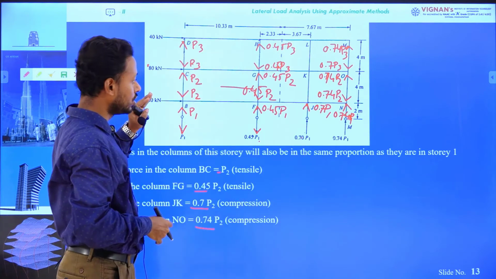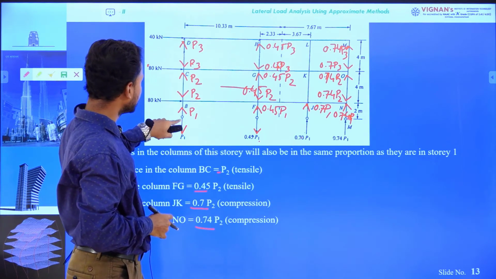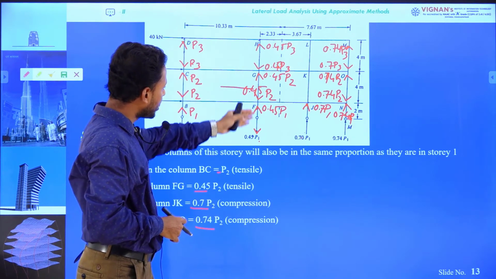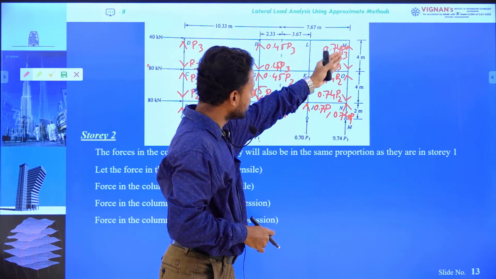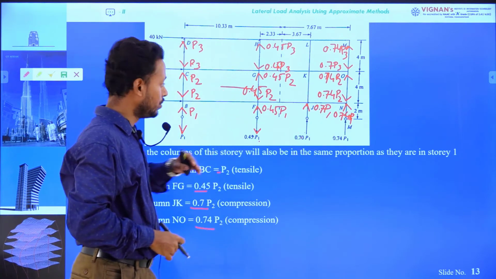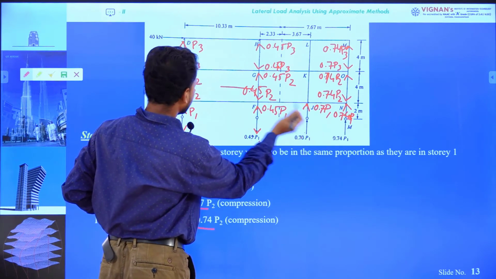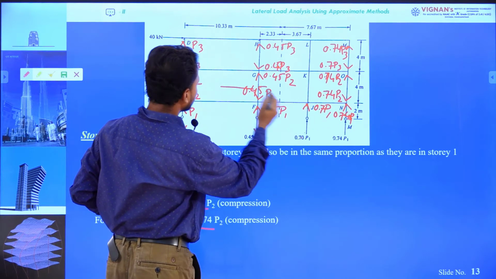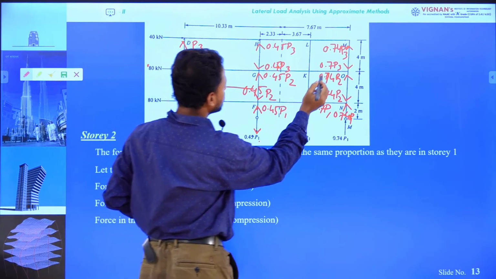Okay. So in all the stories the coefficient will be the same. Here the coefficient will be 1, here 0.45, here 0.7, and in this line the coefficient will be 0.74 for all stories. 1, 0.45, 0.7, 0.74, here also 1, 0.45, 0.7, 0.74, here also 1, 0.45, 0.7, 0.74.